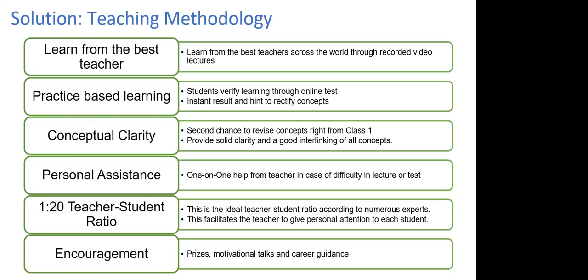Then practice-based learning. We give a lot of online questions to the student, by just twisting them, so that they are able to read, learn, and try it out. Before trying on the screen, they are asked to try the question on paper, so that their writing and understanding skill is also developed. If you are doing things online, there are some advantages of online.